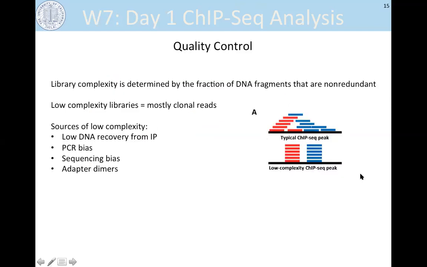So now I'm going to go into some quality control measures. I just want to say before going through these that I don't think that these are necessary to do every time you do ChIP-Seq. I think this is more of, if your ChIP didn't work and you don't know why, these are certain tools that you can have to try to determine what went wrong, or how to best approach the assay when you redo it.